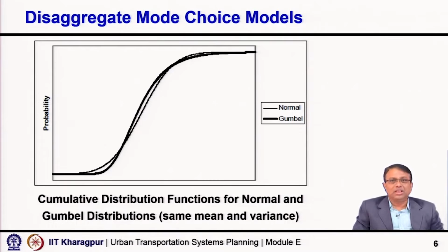They are not very different, there are a lot of similarities, and that is why people do not consider it normally distributed, but consider the distribution as Gumbel, and then make it computationally a little easier for estimation and application purposes.